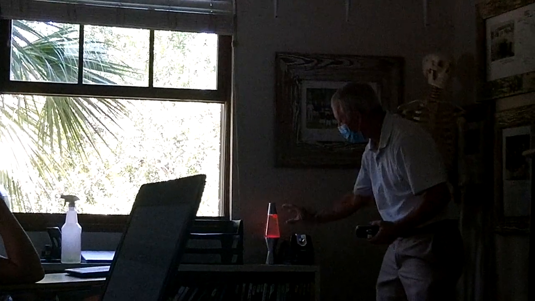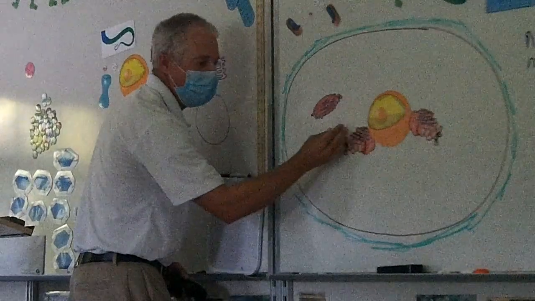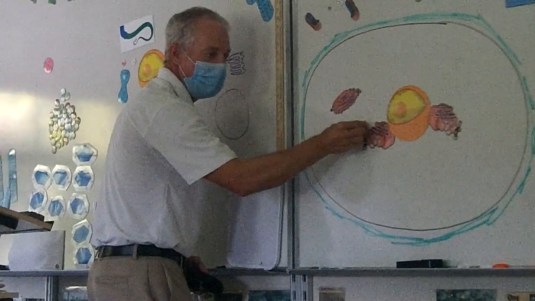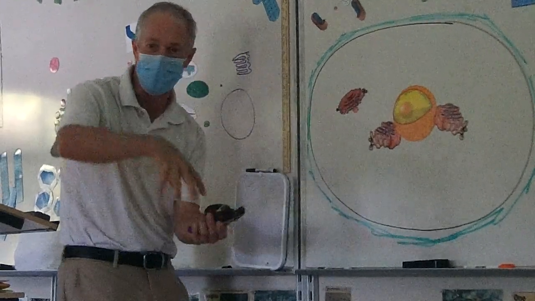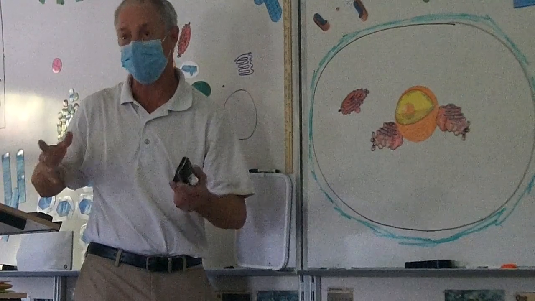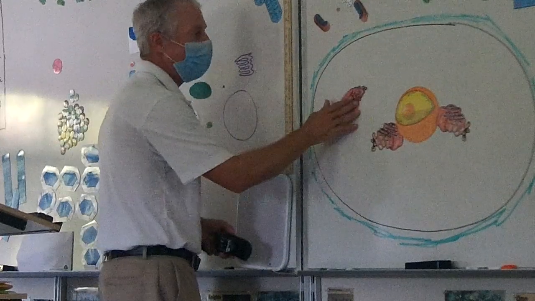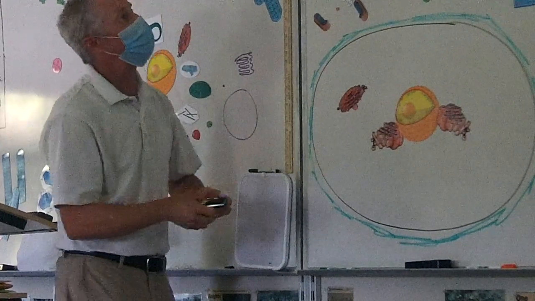That's how material moves in the cell. This bubble right here will become part of the Golgi when it runs into it, just like lava lamps do. That's why I got the lava lamp in the first place for this class, and I forgot to turn it on. So anyway, there's Golgi.